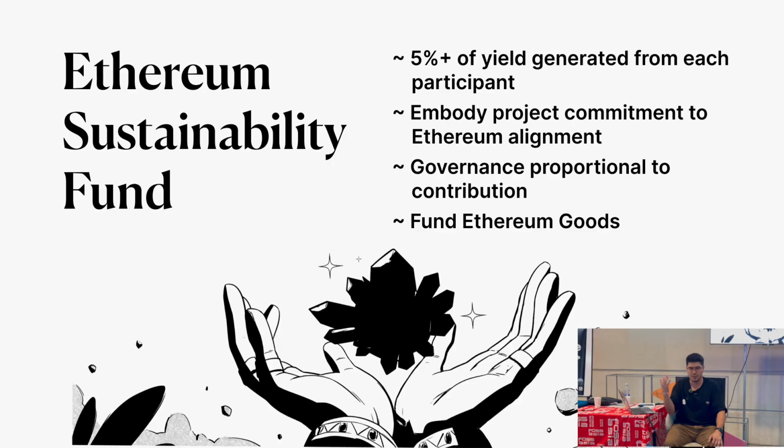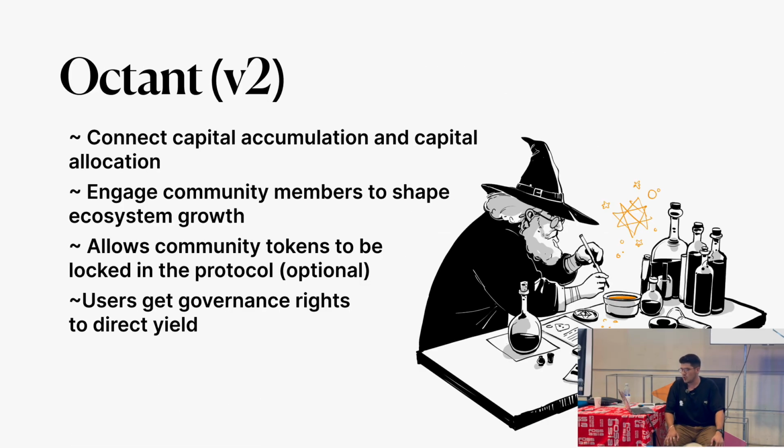So if people want to contribute a lot more than 5%, then that means they also get higher decision power. So Octant V2 connects capital accumulation with capital allocation while engaging community members to shape ecosystem growth. And users in the community also get governance rights if that's decided by the ecosystem.